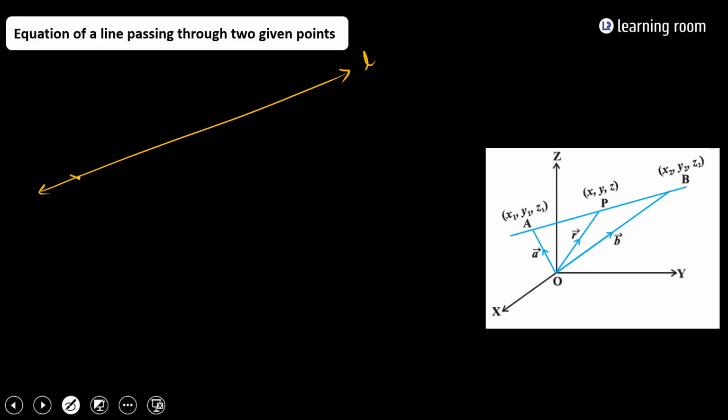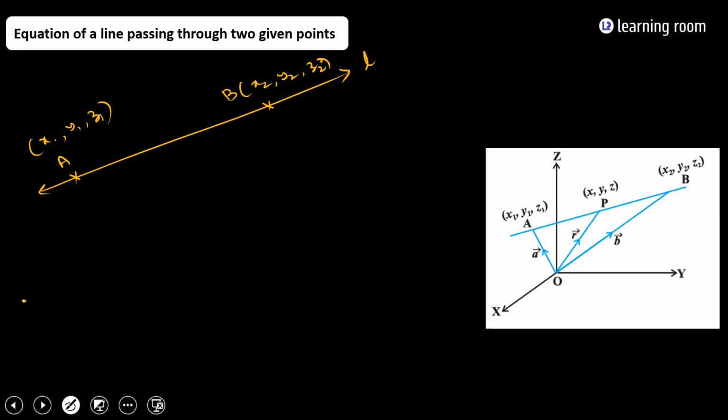One of the points through which the line is passing is A, x1, y1, z1. And another point through which this line is passing is B, x2, y2, z2.